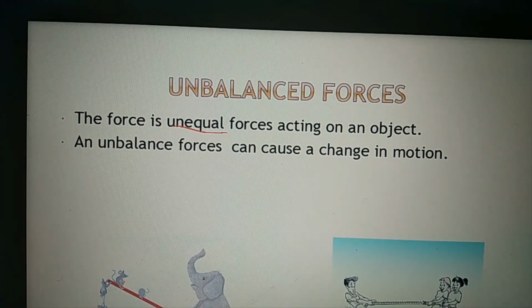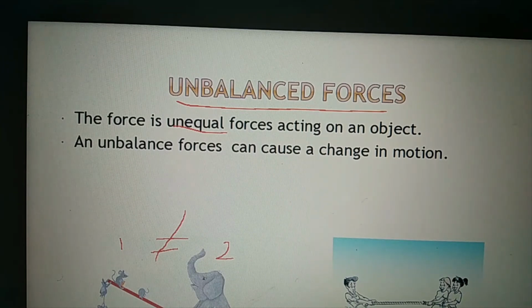So we go to unbalanced forces. It means that the forces are unequal. Force 1 and force 2 are not equal. Force 1 is not equal to force 2.